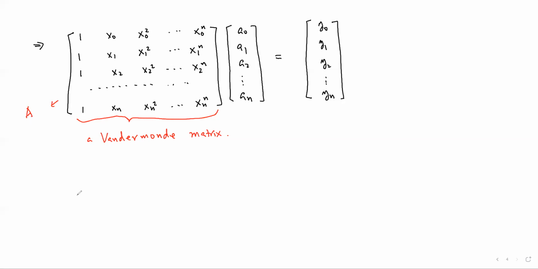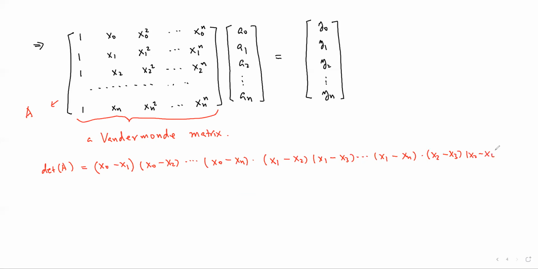Then it is well known that the determinant of this matrix is equal to (x0 minus x1) times (x0 minus x2) times (x0 minus x3) and so on, up to (x0 minus xn), times (x1 minus x2), (x1 minus x3) and so on, up to (x1 minus xn), and times (x2 minus x3), (x2 minus x4) and so on, up to (x2 minus xn).